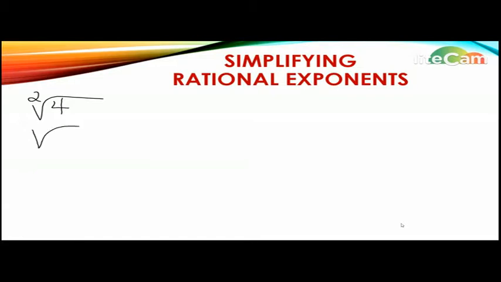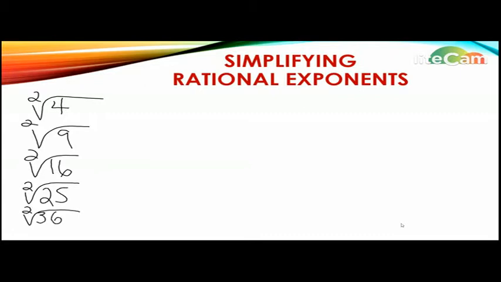So I'm going to list out all the ones that I think you really need to memorize for this chapter, which are the basic ones. Square root of 4, square root of 9, square root of 16. You need to know the answers for all these. You can just put them in your calculator.